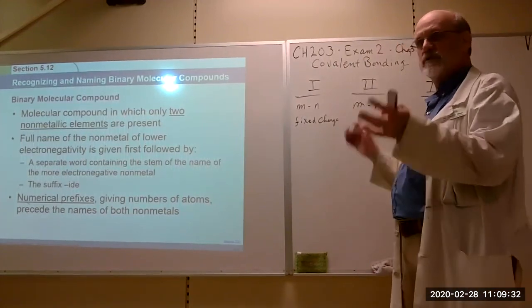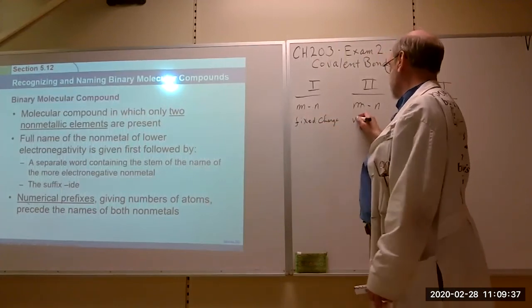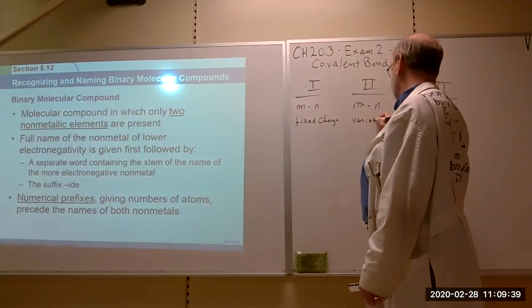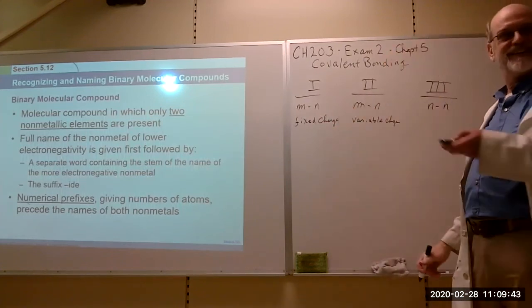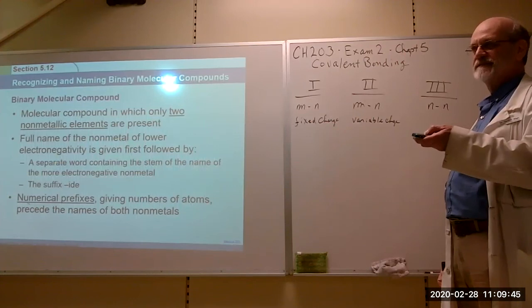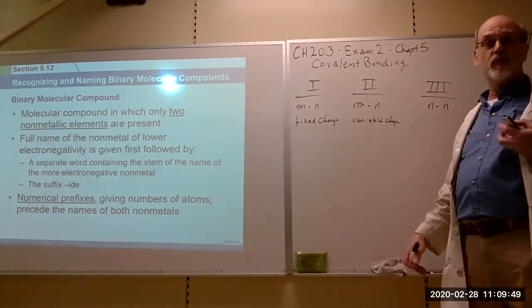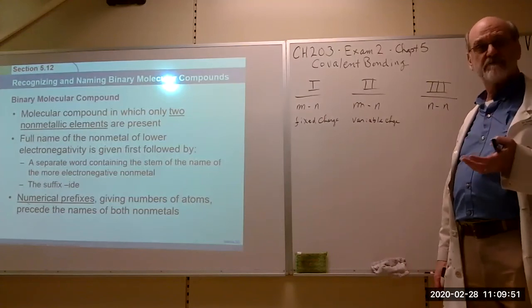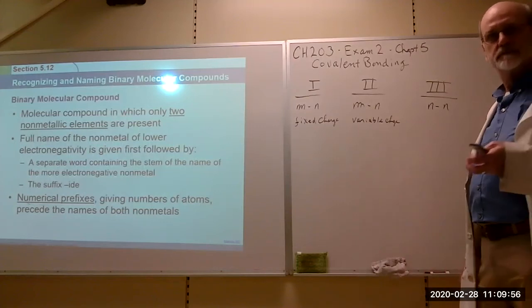That's the only ones you have to worry about. Fixed charge metal. This one is variable charge. That's everybody else. All the transition metals, well, with the exception of zinc and silver. But like I said before, for simplicity's sake, you can treat zinc and silver as if they're type 2 if you want.